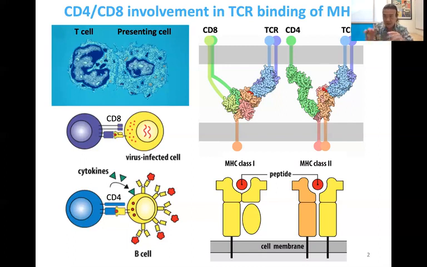Those small pieces might get transported into the endoplasmic reticulum, where the yellow cell here, the virus-infected cell, is making MHC1 platforms, and those MHC1 platforms can be loaded up with these small red dots inside the ER before the loaded platform is then moved to the surface of the cell, and that's what we see here.